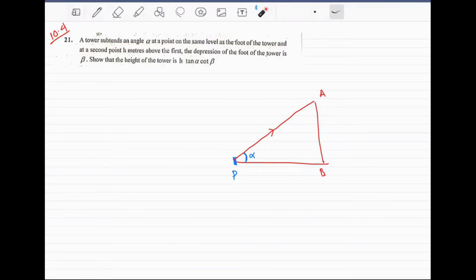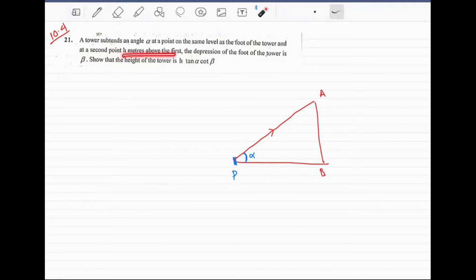Now continue. And at a second point, H meters above the first. We have taken a previous point. Here, we have taken a point P. From this point P, we take a second point. Second point where?